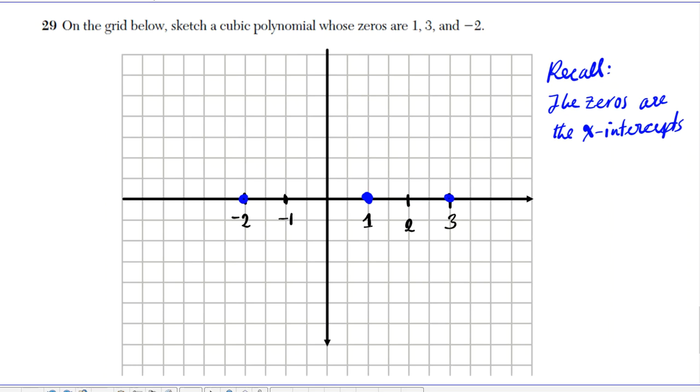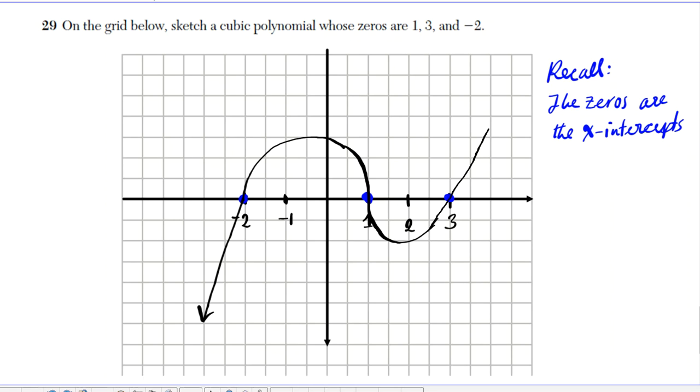There are many ways you can draw this. You can draw it going down like this and going up, and then it has to come down and cut this intercept. Remember, we don't have any double roots here, or it wasn't indicated that we have any multiplicities, so we assume that it's just once.